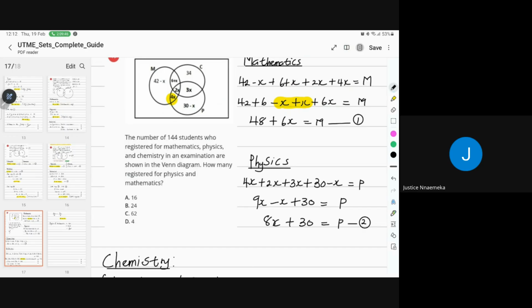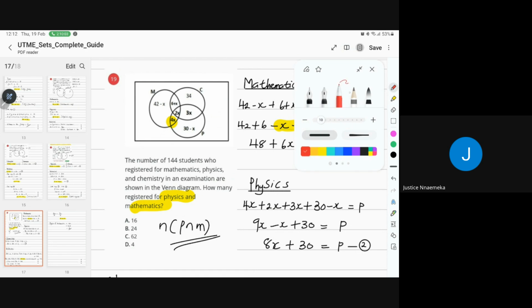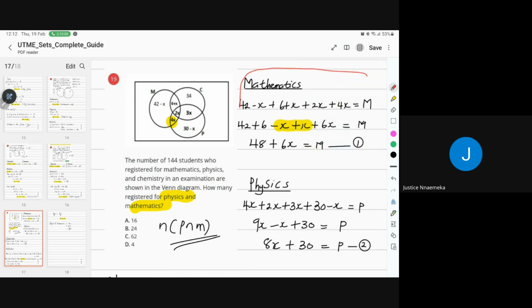I was thinking they said people that do maths, people that do physics, but they said physics and maths, which means they're asking us for the number that do both. So all of these things are purely unnecessary.